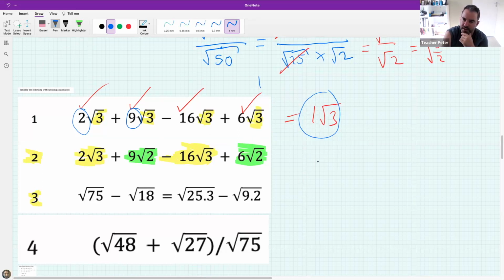There's going to be something root 2, and then there's going to be something root 3, because we know there are only root 3s and root 2s here. I want to know how many root 2s do I have and how many root 3s.